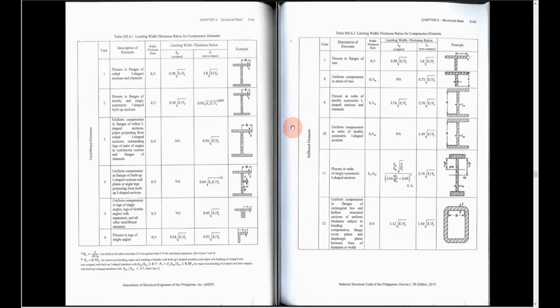And opening our NSCP table 502.4.1 to determine the limiting width thickness ratios for the element, since it is an HSS member, we will focus on case number 12.